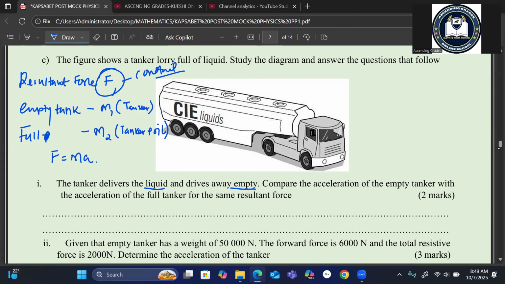So now, let's make acceleration the subject of the formula.